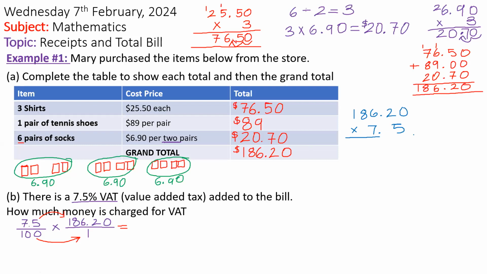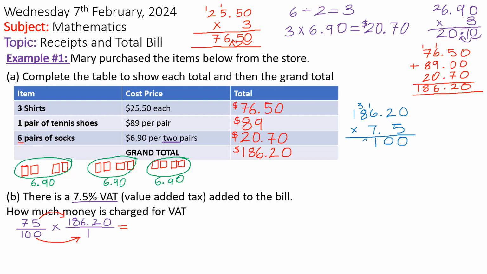7.5 times 186.20. So what we do, we multiply 5 times 0, that's gonna be what? 0. Multiply 5 times 2, that's gonna be 10. Put the 0 down, put the 1 up. Multiply 5 times 6, that's going to be 30 plus 1 is 31. Put the 1 down, put the 3 up. We multiply 5 times 8, which is 40 plus 1, 43.